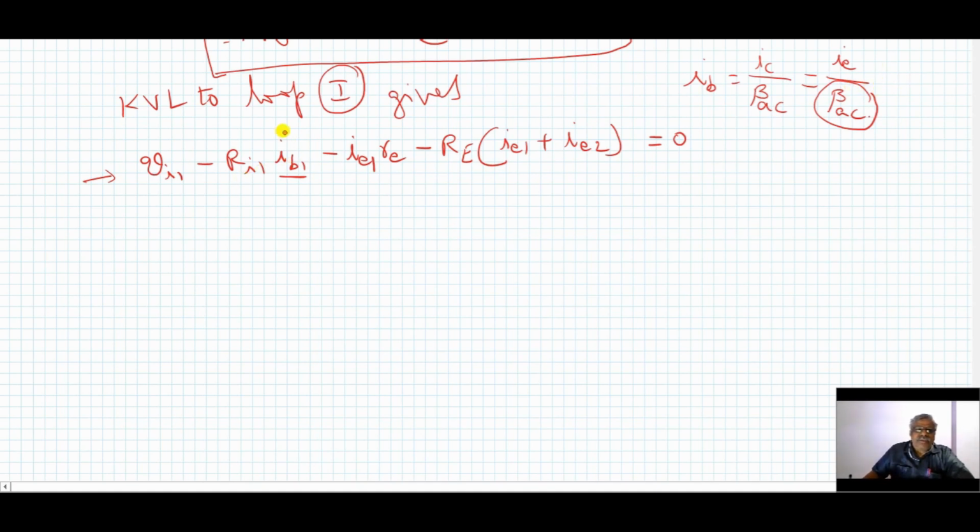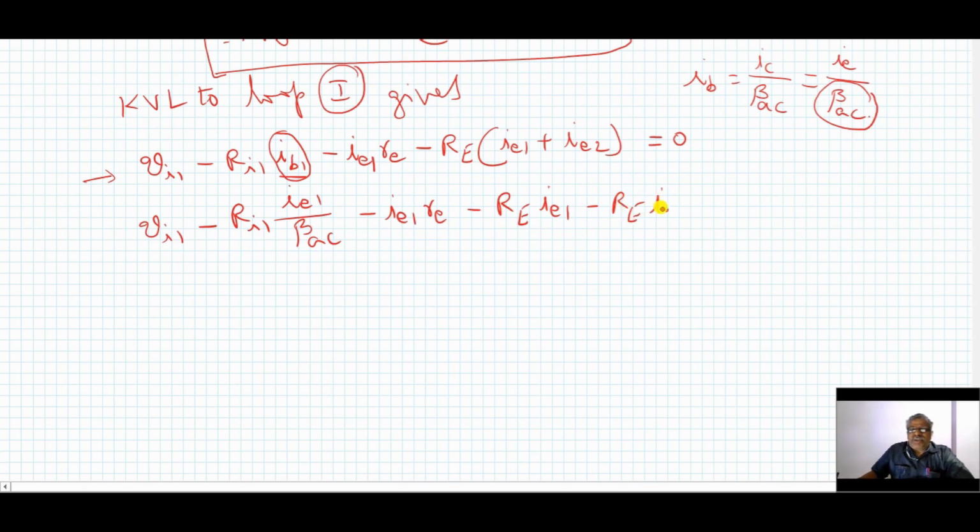So in the place of IB1, if we substitute IE1 by beta AC, then the above expression will become VI1 minus RI1 into IE1 by beta AC minus IE1 small re minus RE into IE1 minus RE into IE2. Just I am opening the brackets.